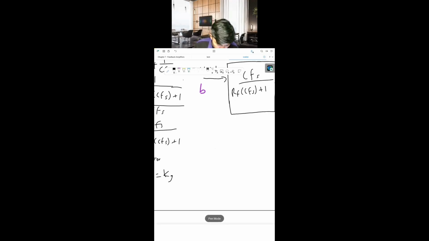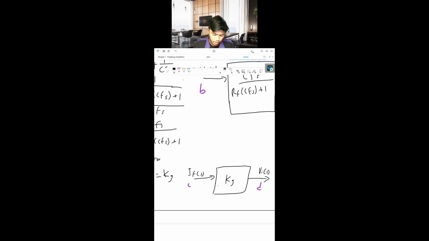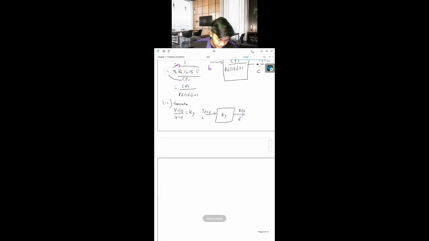Now we draw the block diagram. Kg. We label it, continue with C and D. Now the next one is amplifier.